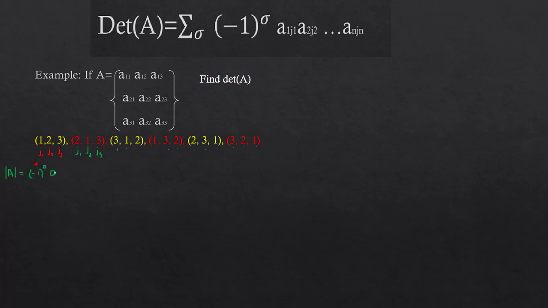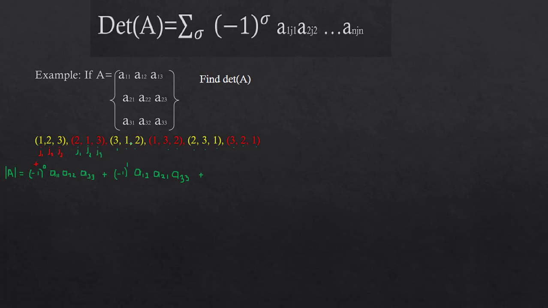So we have A11, A22, and A33, plus minus 1 raised to 1, A12, A21, and A33, and that's negative.